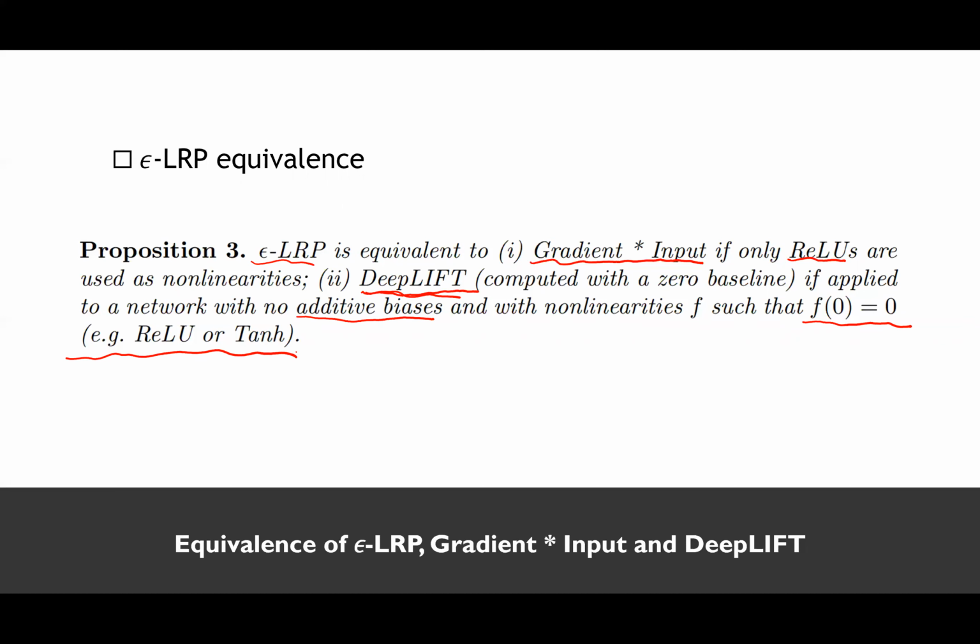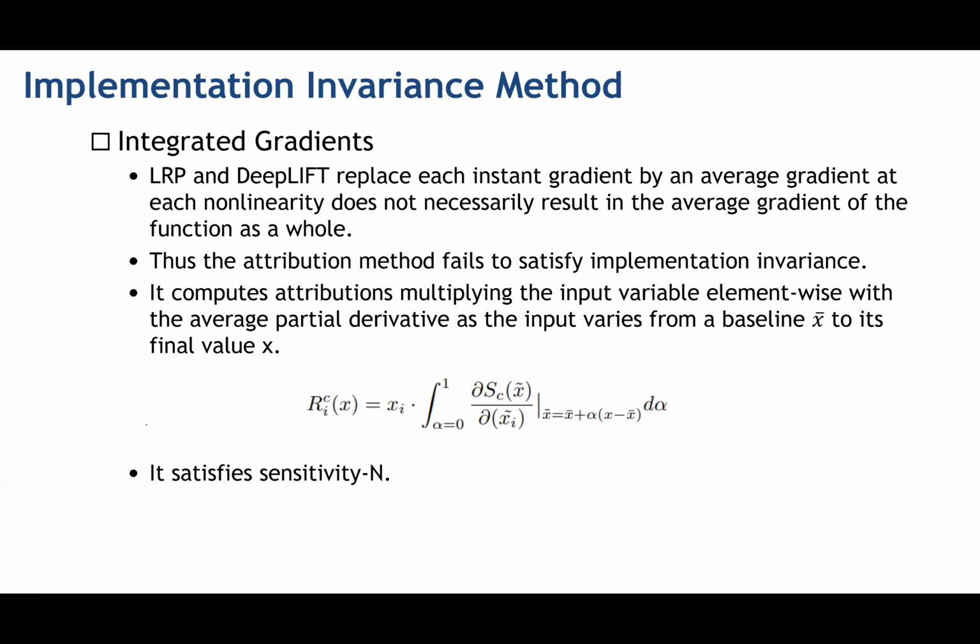So DeepLIFT may not be heuristic. It's not heuristic when we use different functions, the sigmoid function and the softplus function. So there is an improvement for DeepLIFT compared to the epsilon LRP. But computing the baseline may not be good enough.